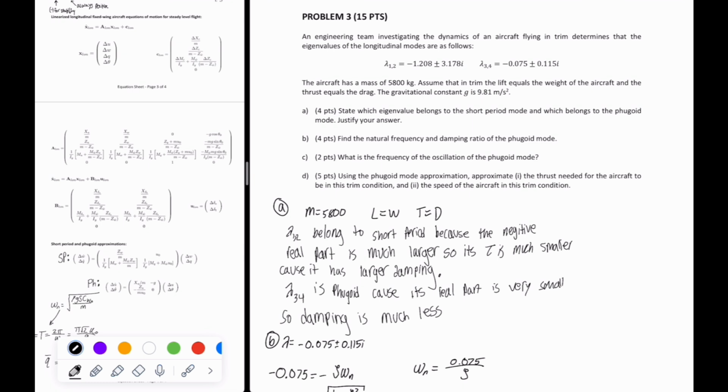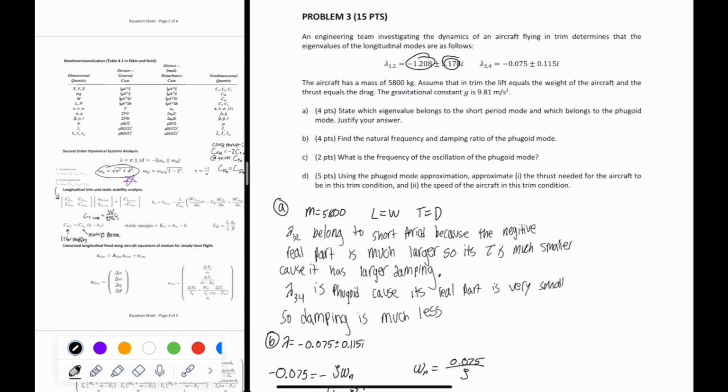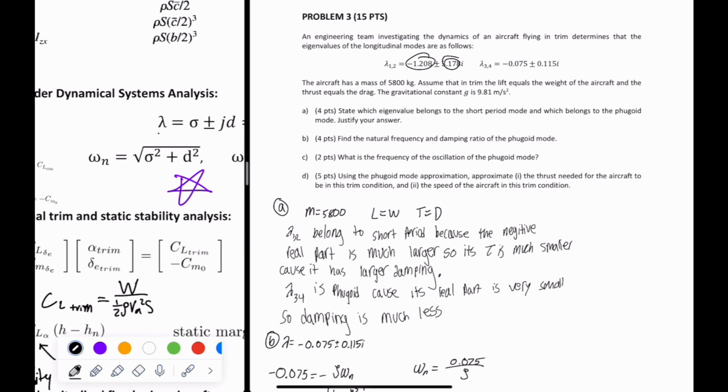So we know that the fugoid mode has a really small natural frequency and really small damping ratio, and it's the opposite for short period. So we can just look at these components right here and see that they're bigger, and then look at this equation right here. We know that the real part and the imaginary part, both squared, and then taking the square root, is the natural frequency.